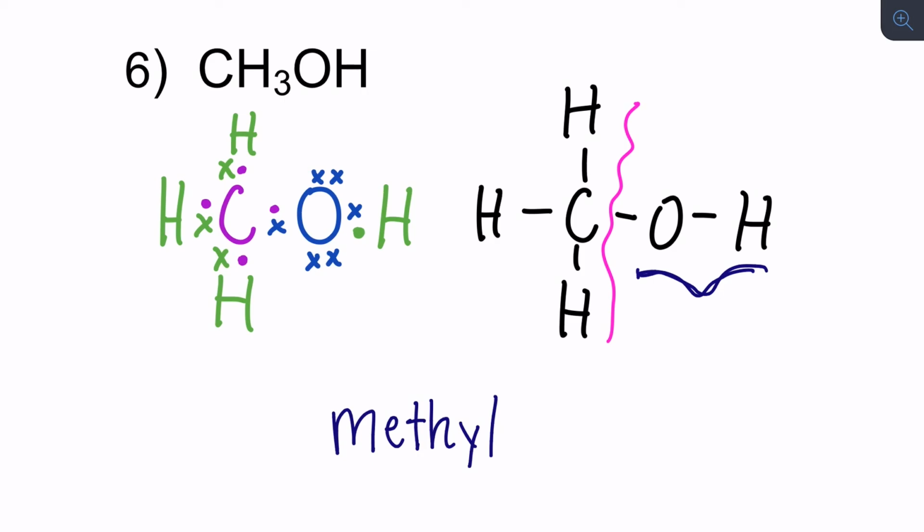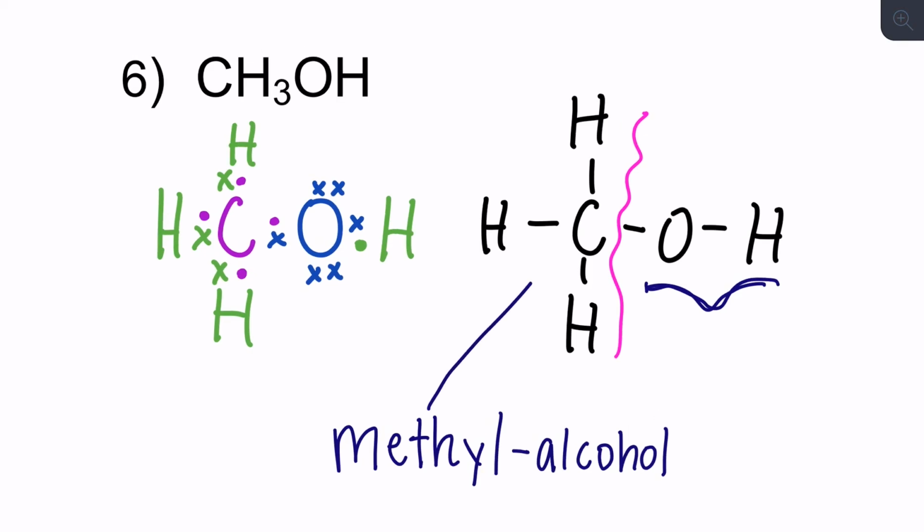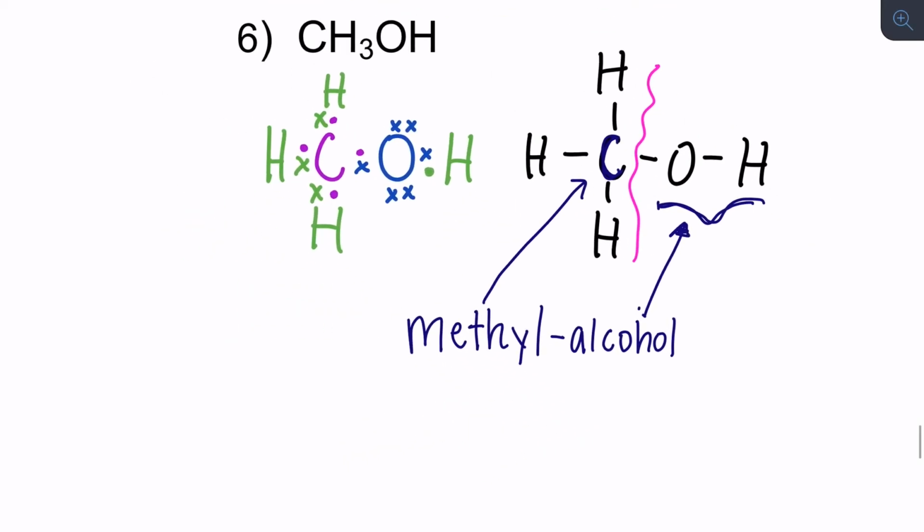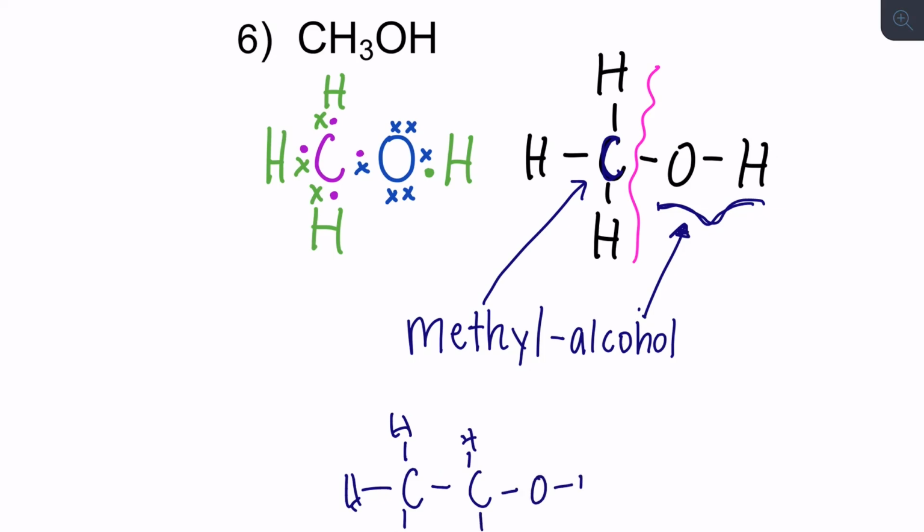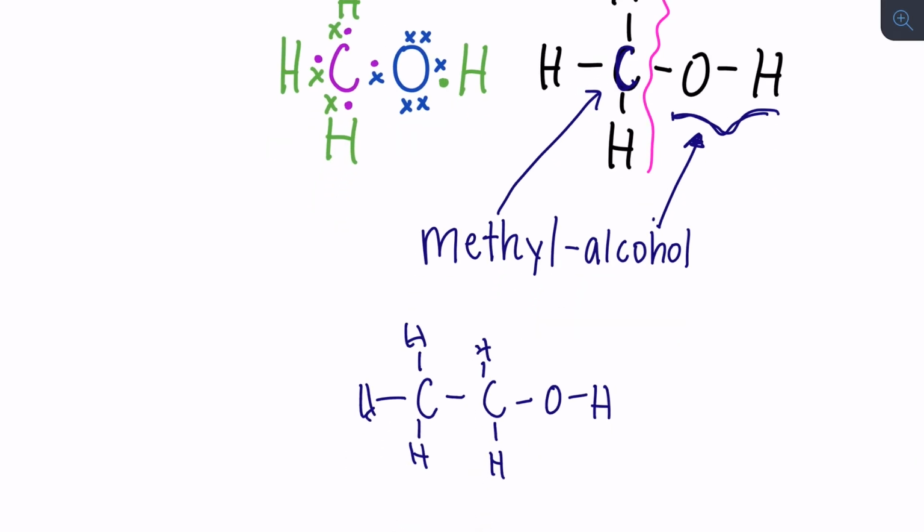So this will be known as methyl alcohol. The methyl denoting this first part here where we have a carbon, and the alcohol denoting the second part here. If you had a 2 carbon chain, like so, it wouldn't be methyl because we have 2 carbons, it would be ethyl alcohol.